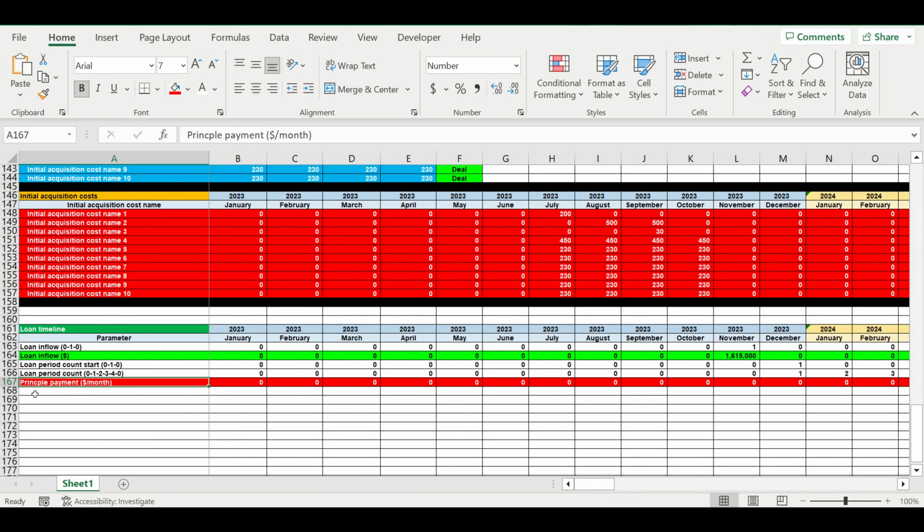So how will we be calculating this? Principal at any given moment, dollar per moment.